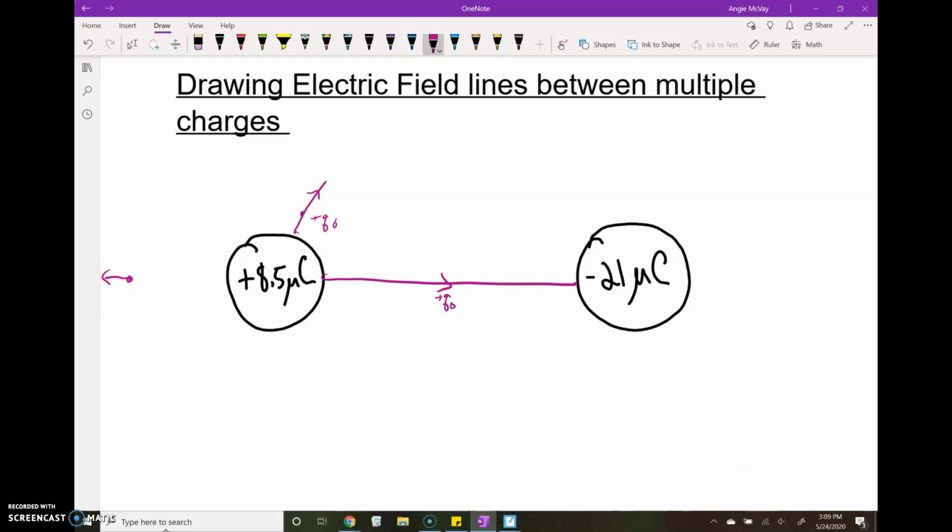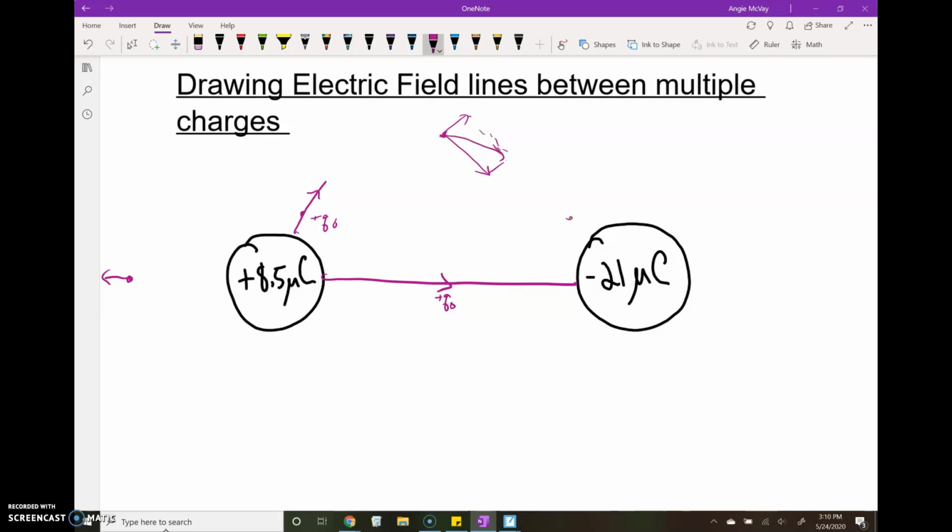But then what if that test charge was right here now? Well, it would be repelled away from the 8.5 microcoulombs, but it would be attracted to the 21 microcoulombs. So its net electric field would be kind of like that.